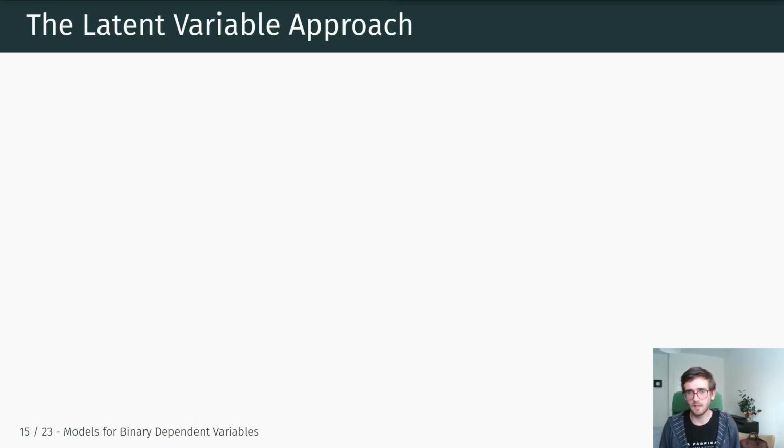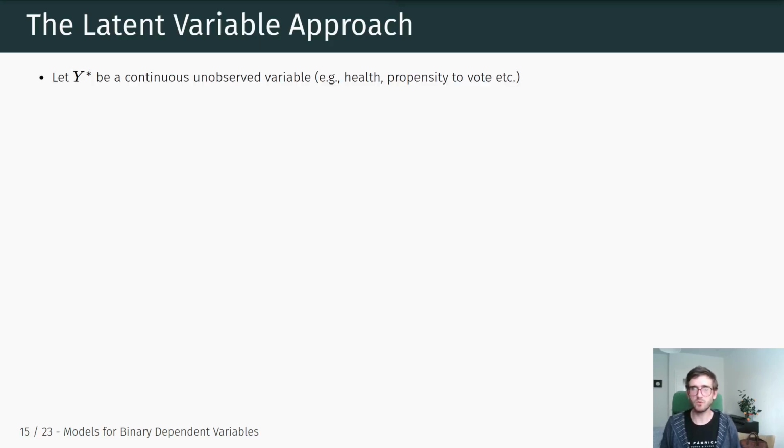Okay. So in order to specify this latent variable approach, we go through the same steps of specifying and defining a model as always by thinking about the underlying stochastic and systematic components.